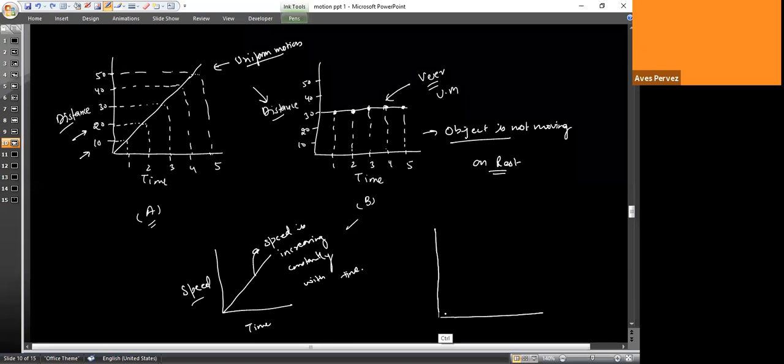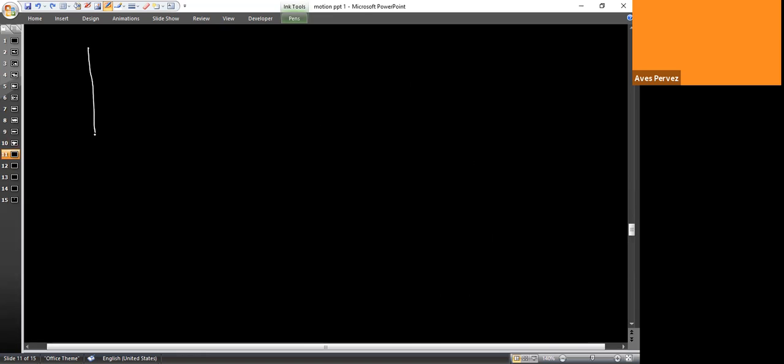If you have a graph like this, okay, this is the speed time graph. Okay, speed time graph. Let me make it like this, I'm not making such a type of curve.